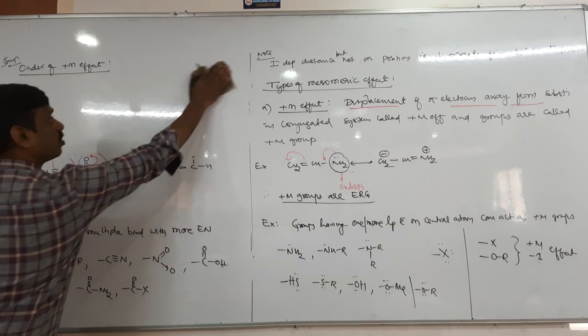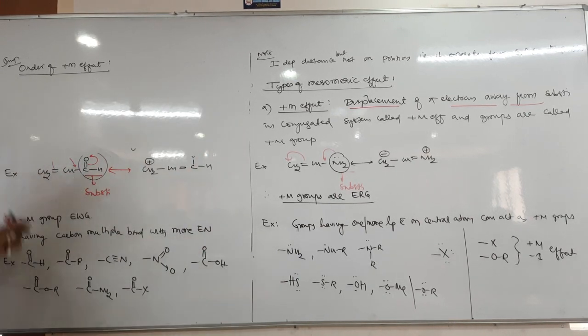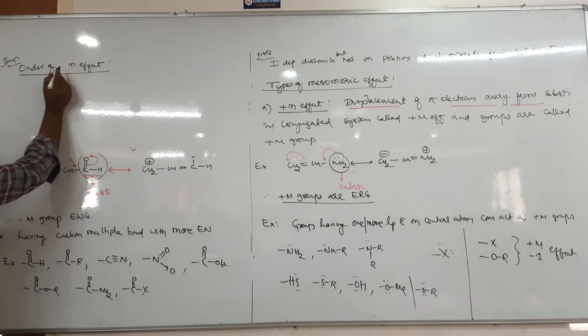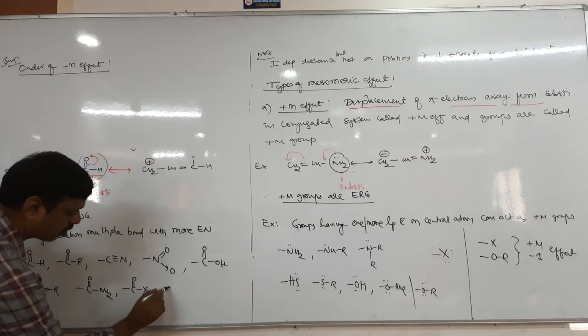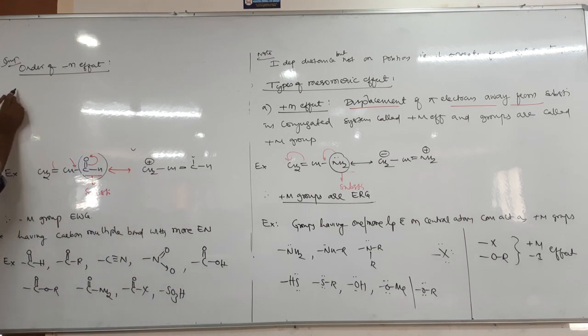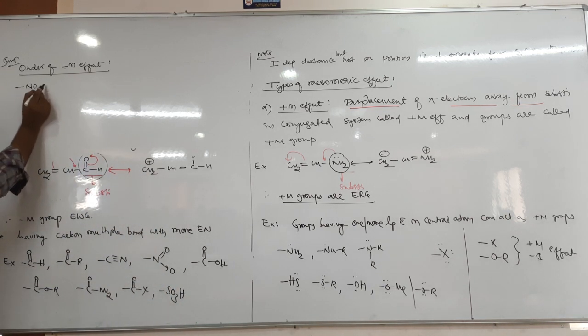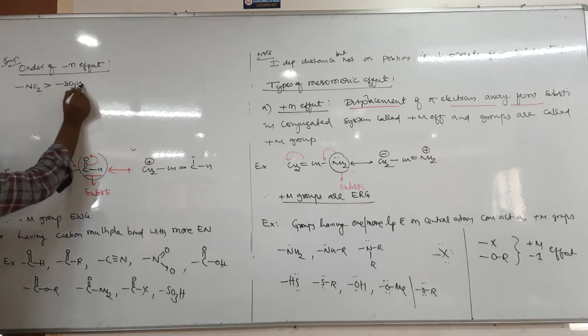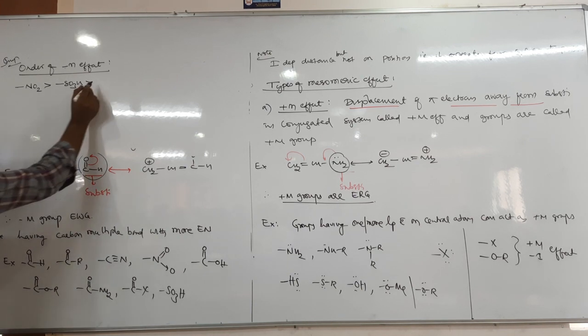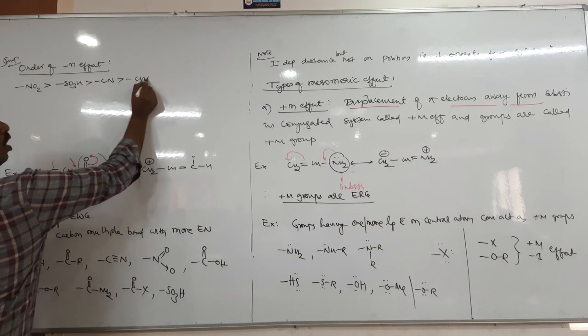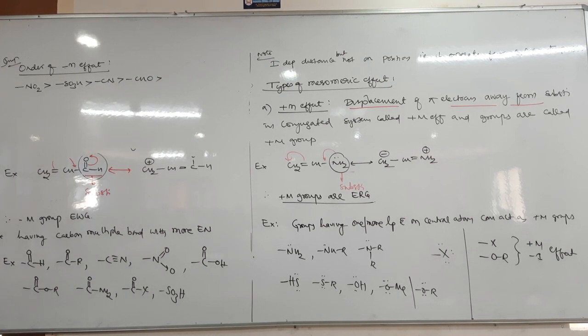Next, the order of minus M effect. Among minus M groups, which is the strongest? NO2, yes, this was the previous question. NO2 is the strongest minus M group. Next is the sulfonic group. Next is the cyanide group. Next is the aldehyde group. Next is ketone, acid halide.